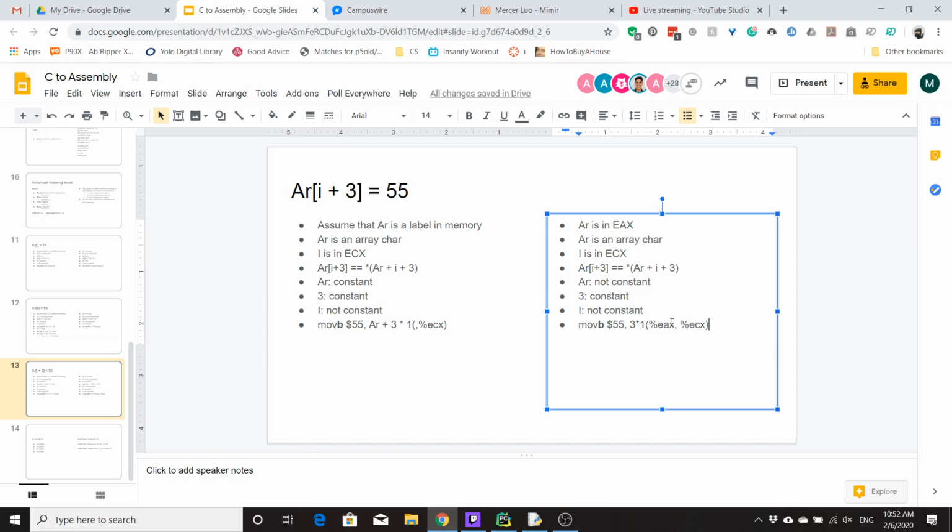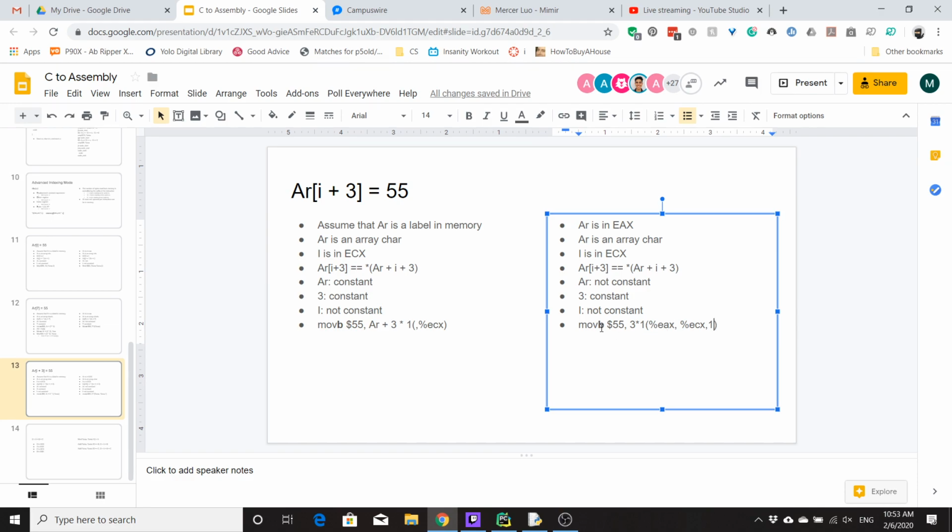But again, if we were working with something besides characters, right? We'd want to have something like times 4. We want to multiply our index by 4. We want to move I integers or I floats. Or we want to move I words, I shorts, right? Here we want to move I characters or bytes. So 1 would go there, right? But you want to keep up the pattern.